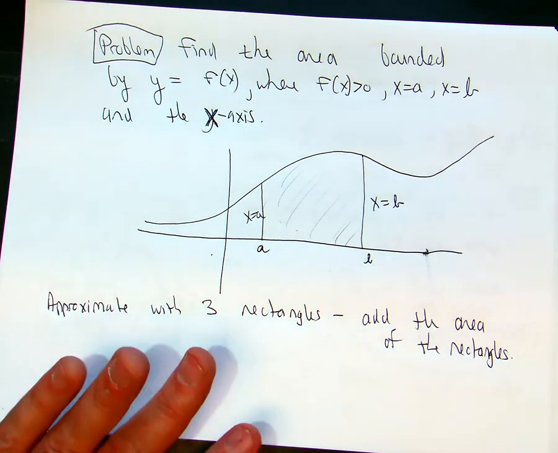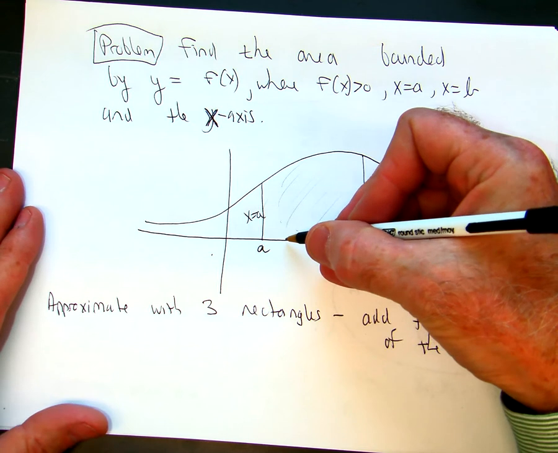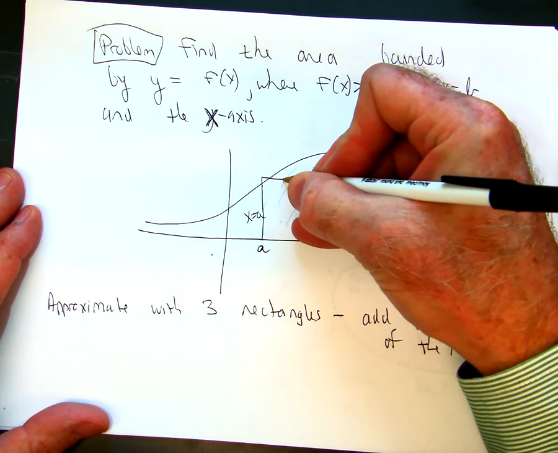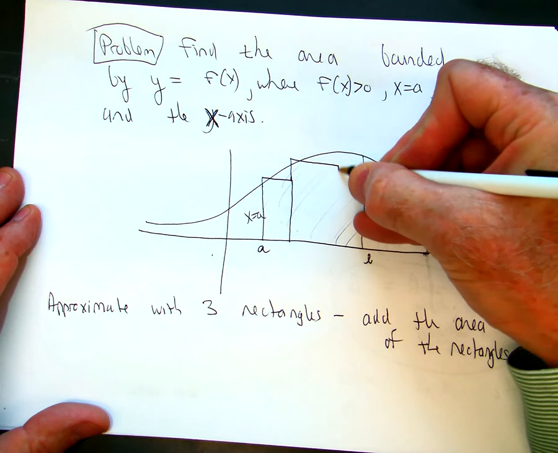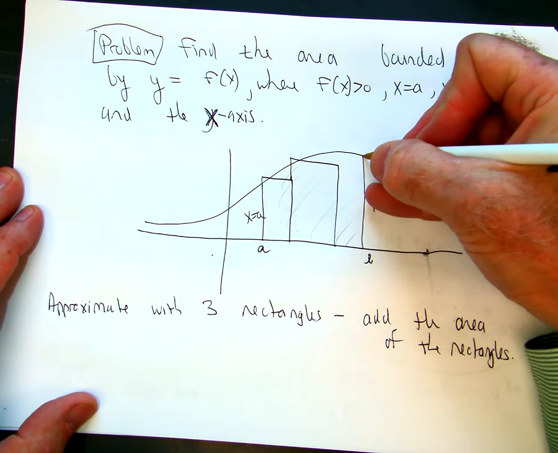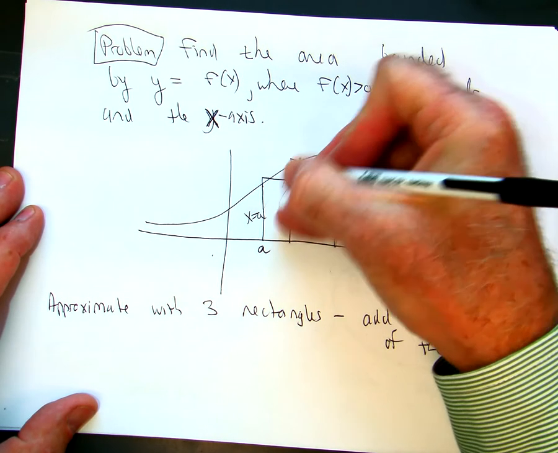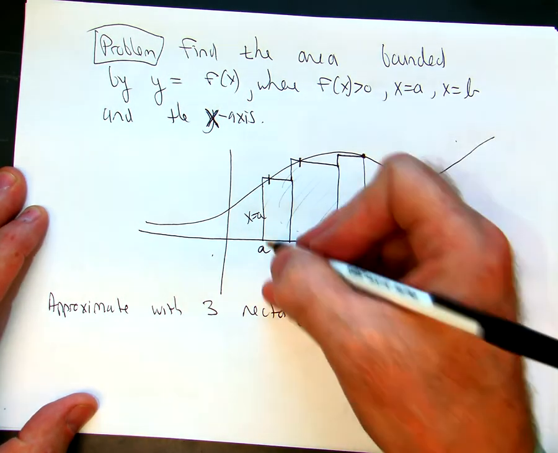By the way, I'll have you do an exercise where you do this. To prove a point, I'm going to pick 3 rectangles, and I'm going to draw them randomly. There's one. Here's the second. And then here's the third. And right there is where the rectangles hit the graph.